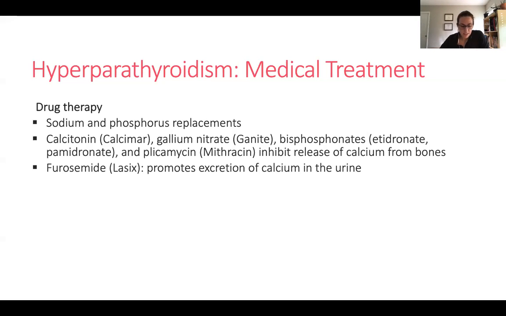And then Lasix will promote excretion of the calcium in the urine, so it doesn't accumulate and cause kidney stones. Calcinet is another medication, and that suppresses the PTH secretion. And then you also want to encourage increased fluid intake, so to promote excretion of the calcium in the urine.